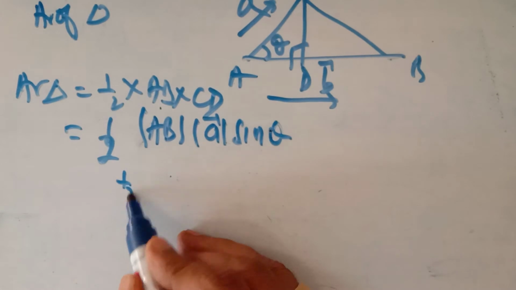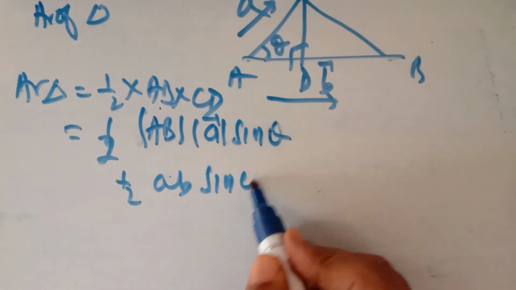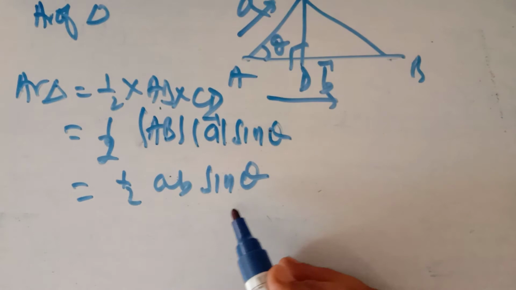So half AB sine theta is the area of the triangle when the base is given.